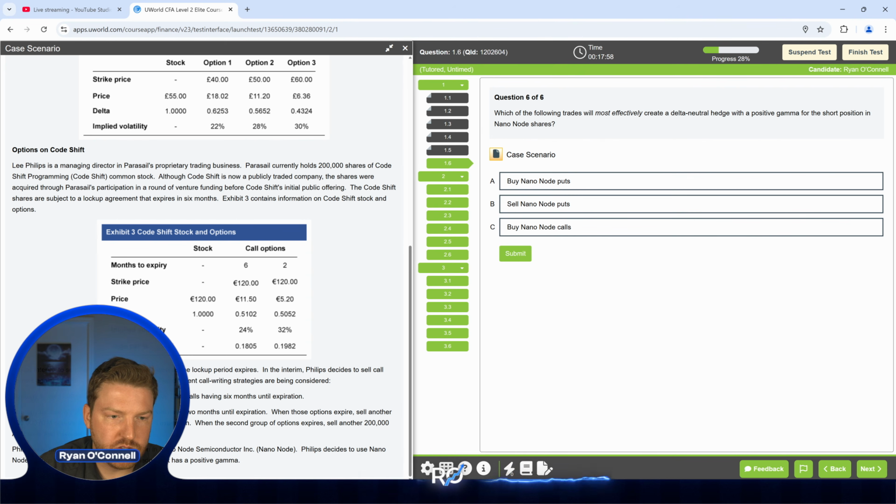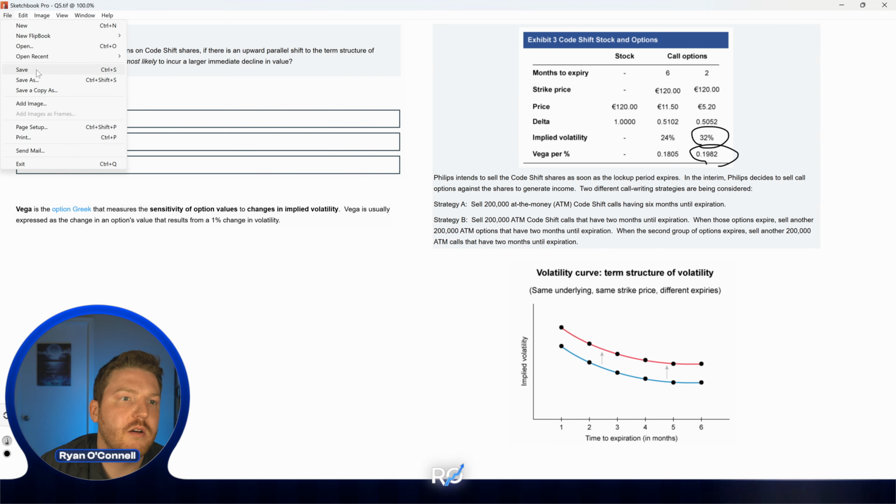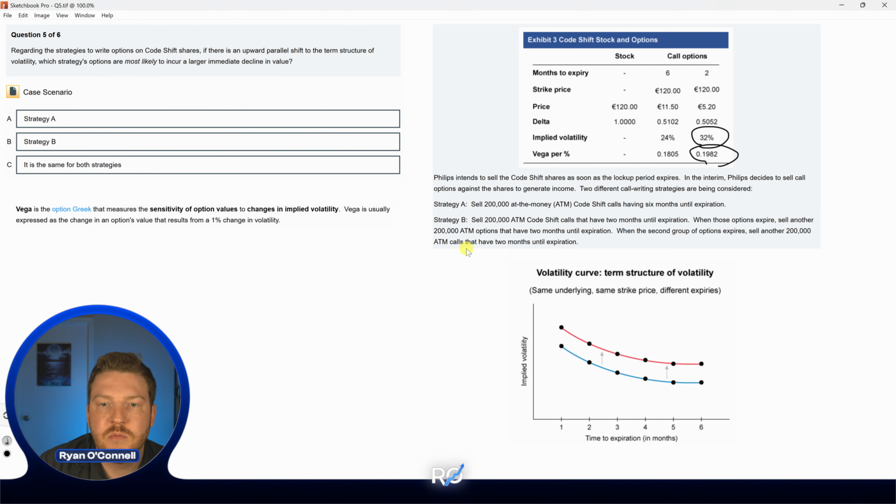So we've got a 50,000 share short position, and we're going to use the options to construct a delta neutral hedge that has positive gamma. Let me just open it up so I'll write some stuff down over here.